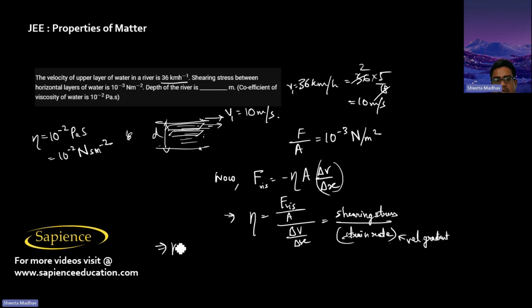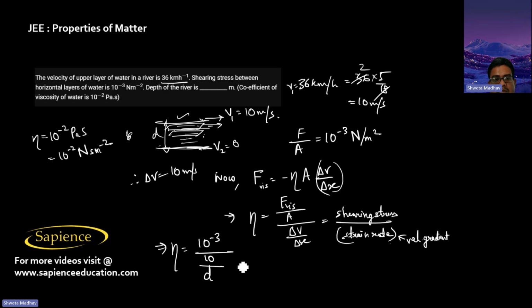So therefore, I can say eta is equal to the shearing stress, that is 10 power minus 3, divided by delta V. This is V1, and the lowermost layer velocity will be 0 only. So delta V is 10 minus 0, that is 10 meter per second, divided by the separation between the upper layer and the lowermost layer of the river.